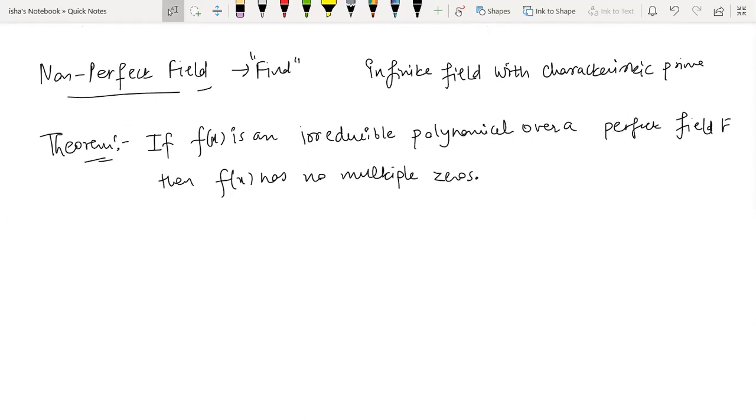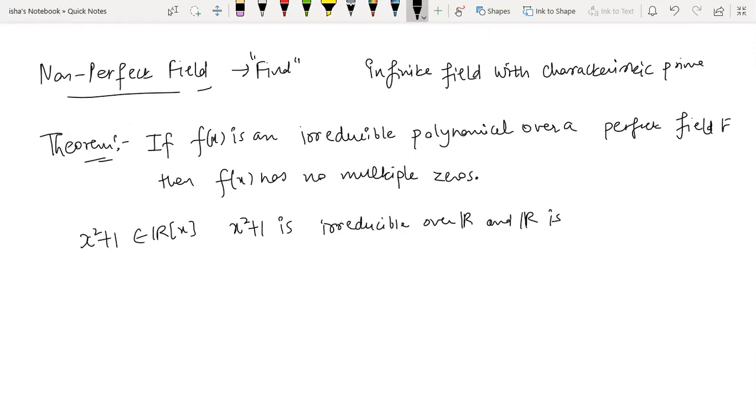Let me see. So over the reals, if you construct any irreducible polynomial, let's just take the same example, x square plus 1. So you take this over the reals. So clearly we know that x square plus 1 is irreducible over R, and R is perfect.